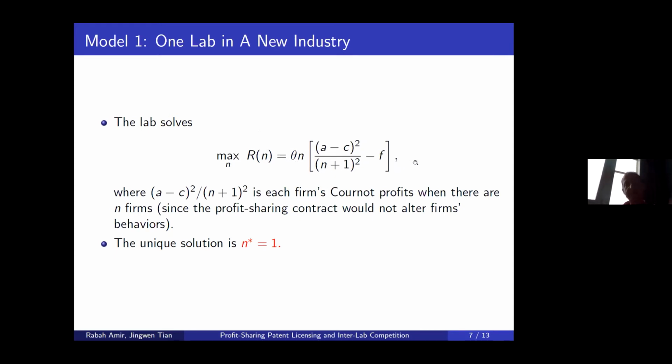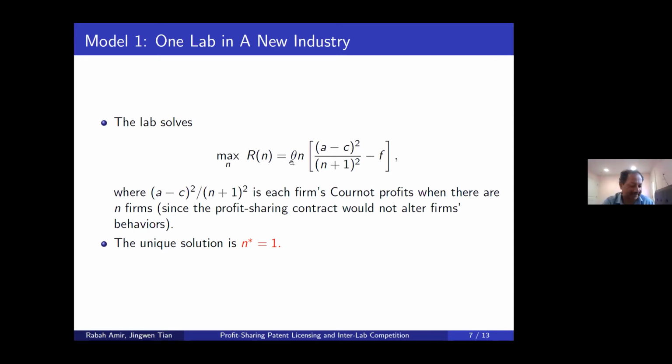In some sense, no, I take it back. It's the firms that pay the F. That is confusing, whether the firm is paying or the lab is paying. The firm is paying, because otherwise... Who is paying the training cost? Sorry, I didn't answer correctly. Each firm's profit is this, minus the fixed cost that it pays, and then the lab takes proportion theta.